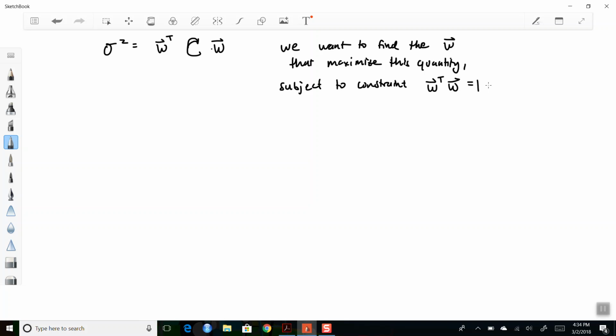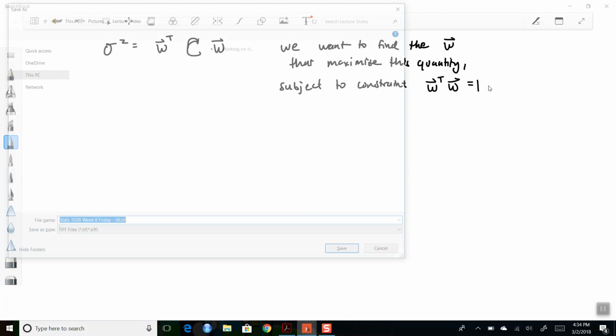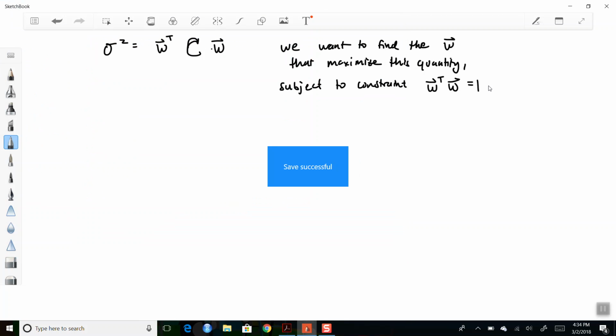All right, so how do we maximize something subject to a constraint? We can use a Lagrange multiplier, right? Don't worry if you forget it, okay?